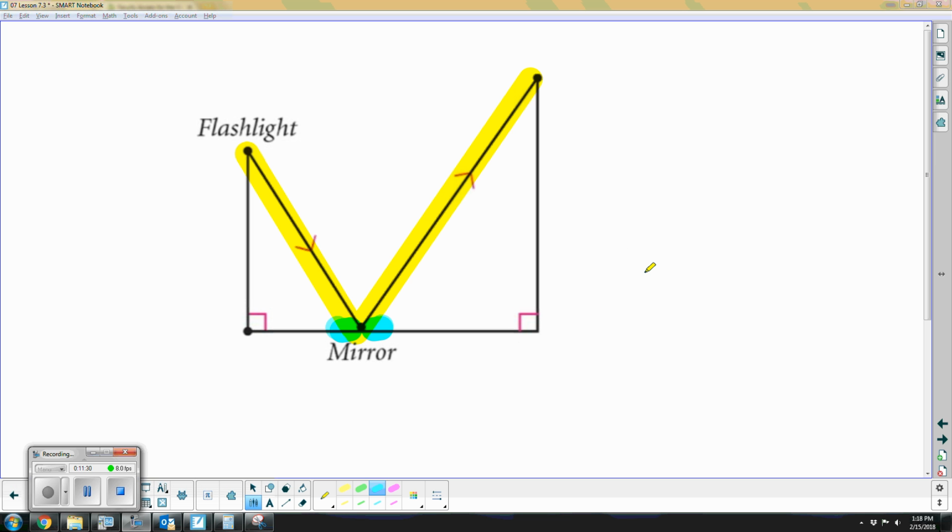So that's an important concept for this lesson: any angle an object hits a flat surface at, it will bounce off at the same angle. These two angles here are congruent angles. So for this example, you know that these are similar triangles because they have two pairs of corresponding angles.